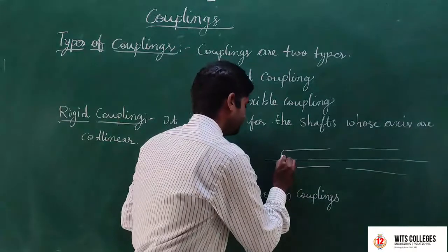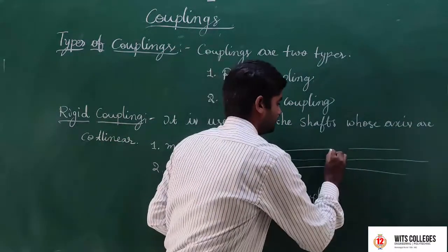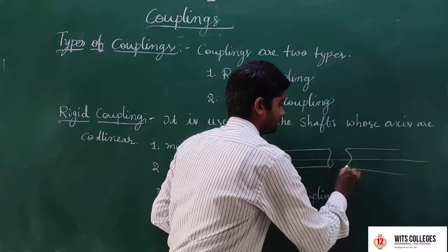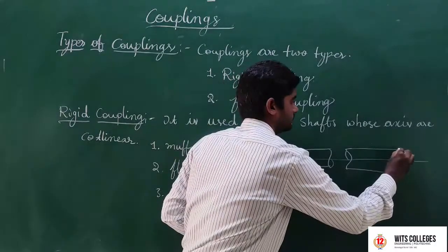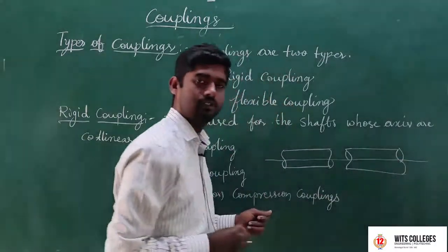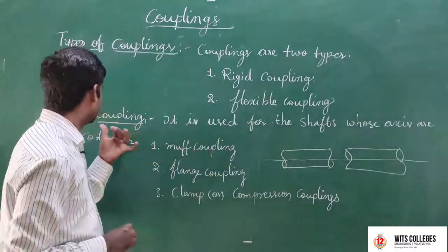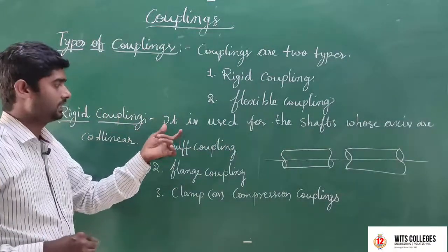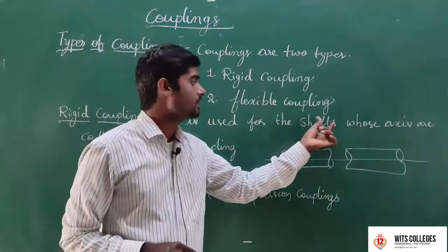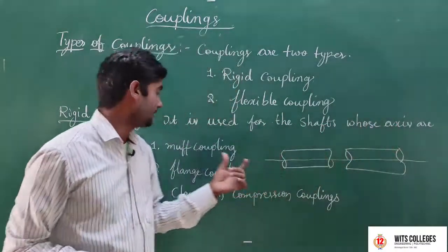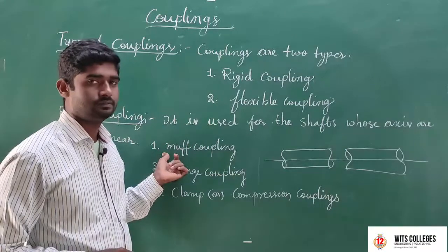This is one shaft and this is another shaft. For this purpose we use rigid couplings. Again, it is used for shafts whose axes are collinear.